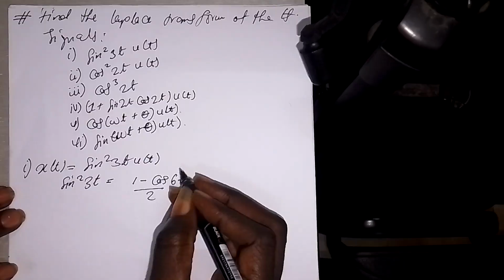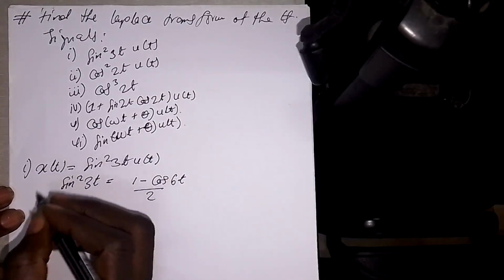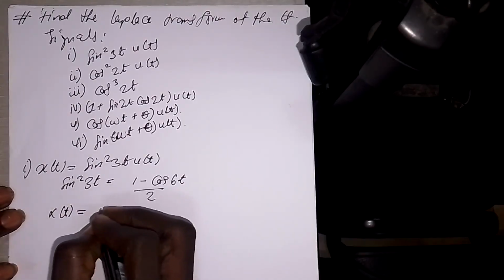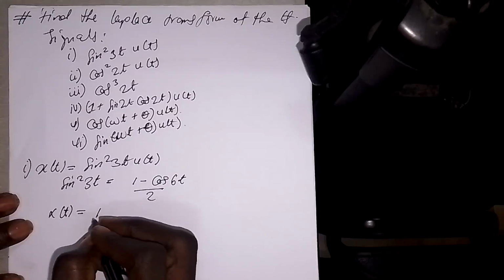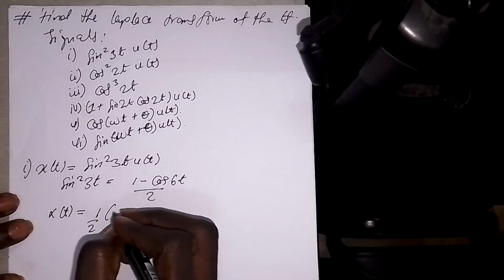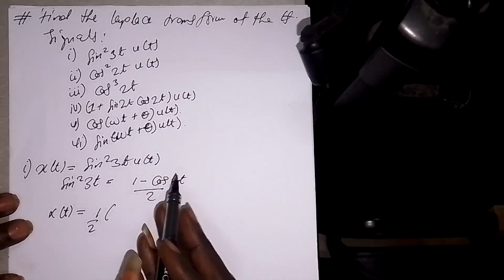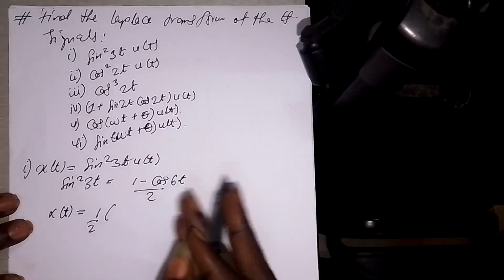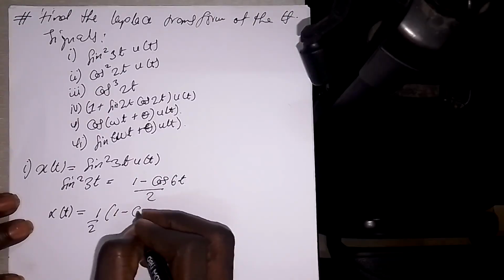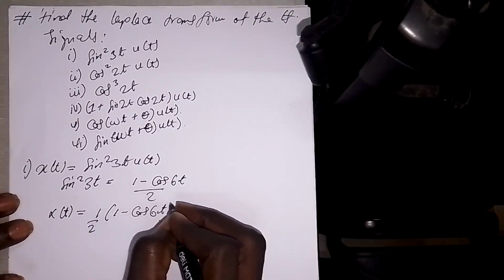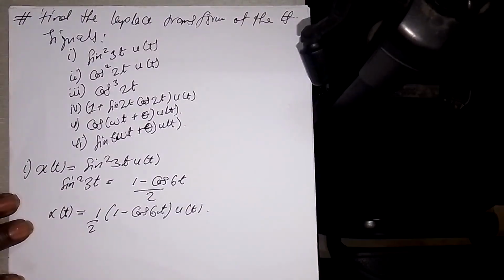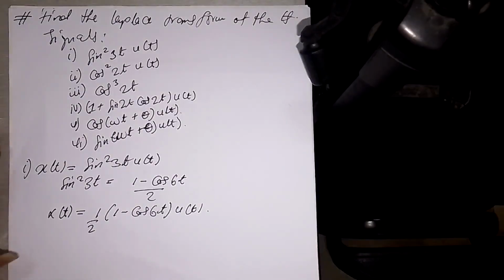So if I fix that here, then x of t equals 1 over 2 times (1 minus cos 6t) times u of t. If I bring this u of t in, or let me take it out, so 1 over 2 minus cos 6t into u of t. So this is what I'm going to have.